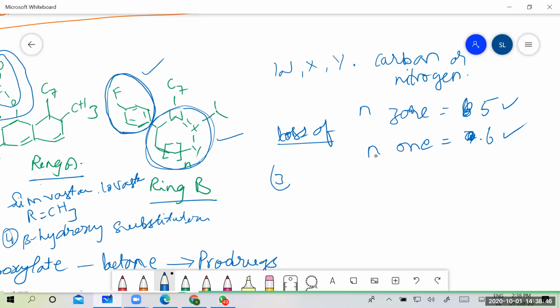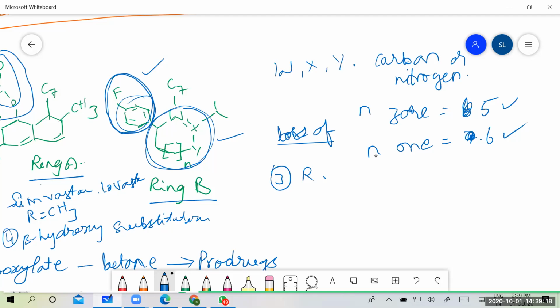Then the third point, in case of the ring B type of statins, is substitution on the ring system with aryl groups or hydrocarbon chains or amides or sulfonamides, which enhances lipophilicity and inhibitory activity. So there are substitutions that are possible with aryl groups. The aryl group is this.